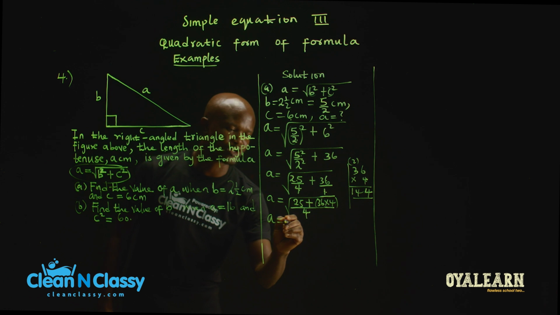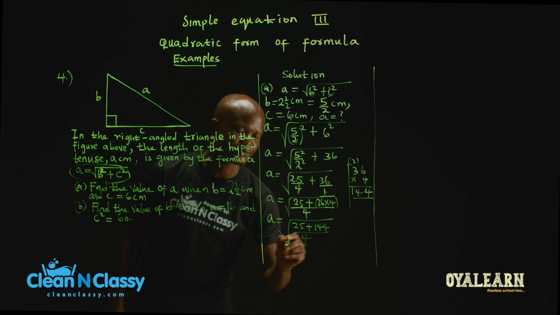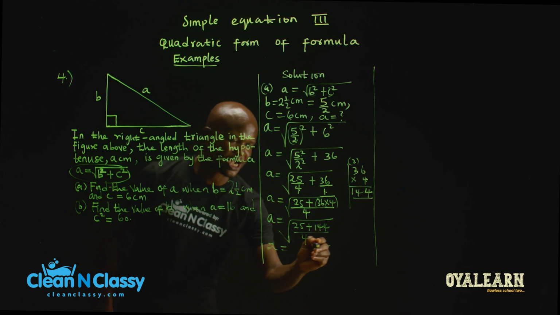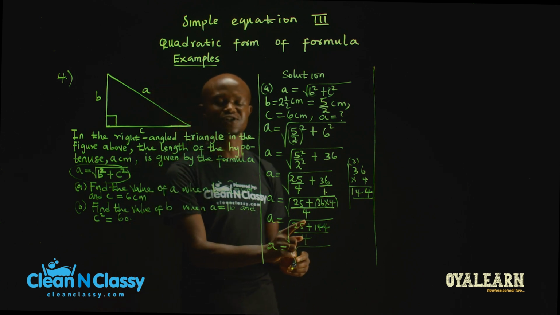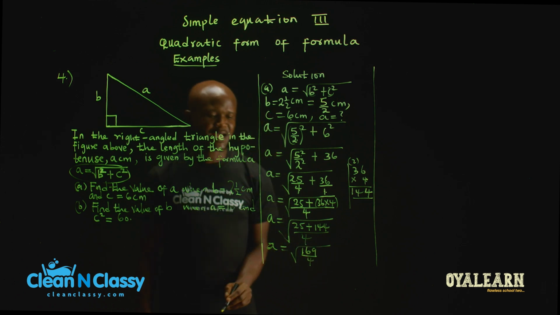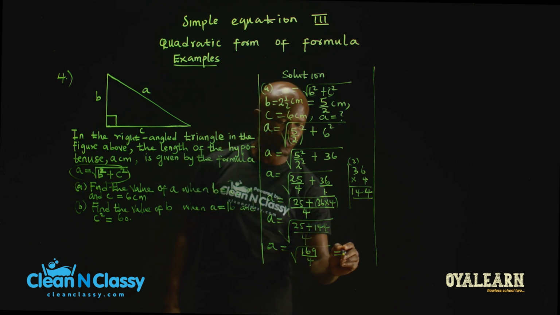So a will be equal to the square root of 25 plus 144, all divided by 4. Then we have a equals the square root of, what is 25 plus 144? That is 169 divided by 4.